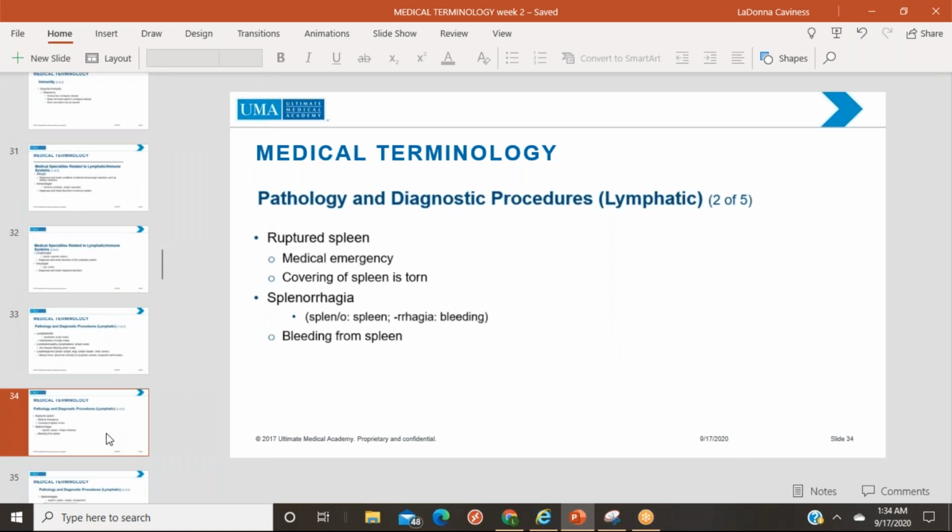Pathology and diagnostic procedures. So ruptured spleen is a medical emergency. Covering of the spleen is torn. Splenorrhagia is bleeding of the spleen. And when you break that down, SPLENO means spleen, and RRHAGIA refers to bleeding.